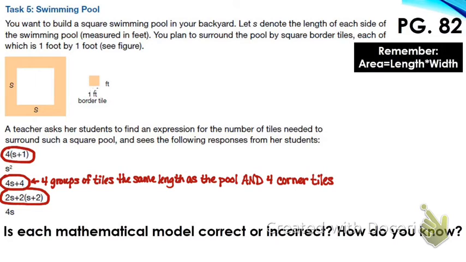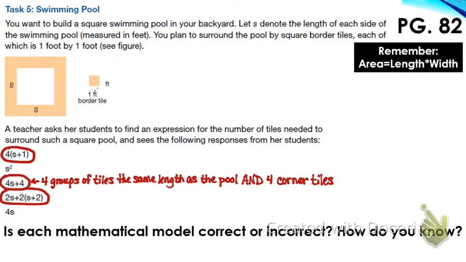Notice that everything in this expression is telling me about tiles. 4 groups of enough tiles to go along one side, and 4 corner tiles. So far, so good? And you guys agree that that one accurately represents enough tiles to go around my whole pool, right? This top one up here, I agree that this one is mathematically equivalent to this.